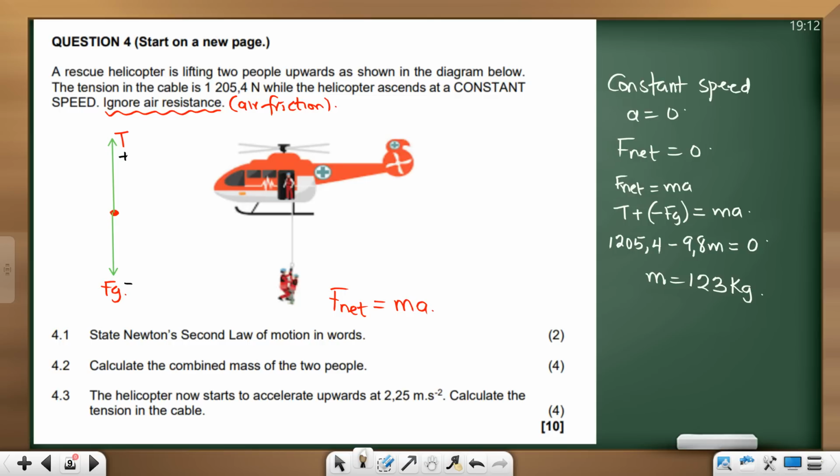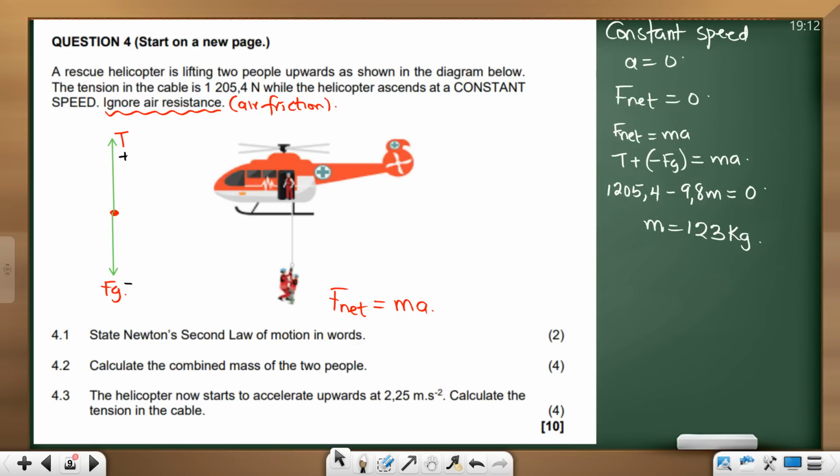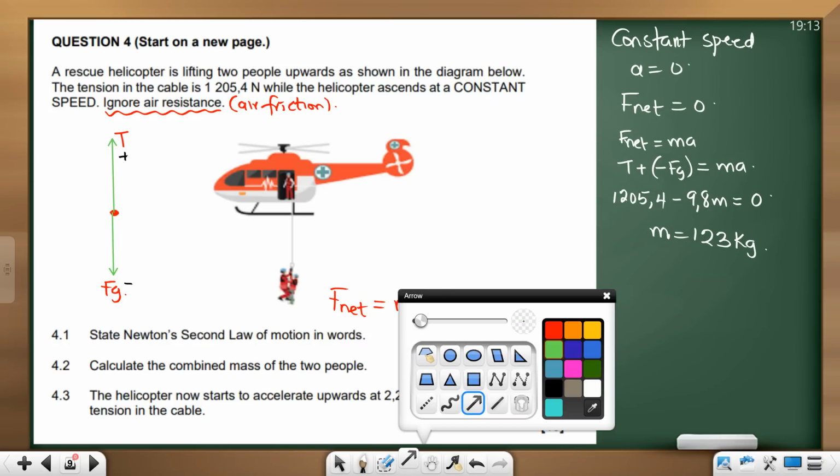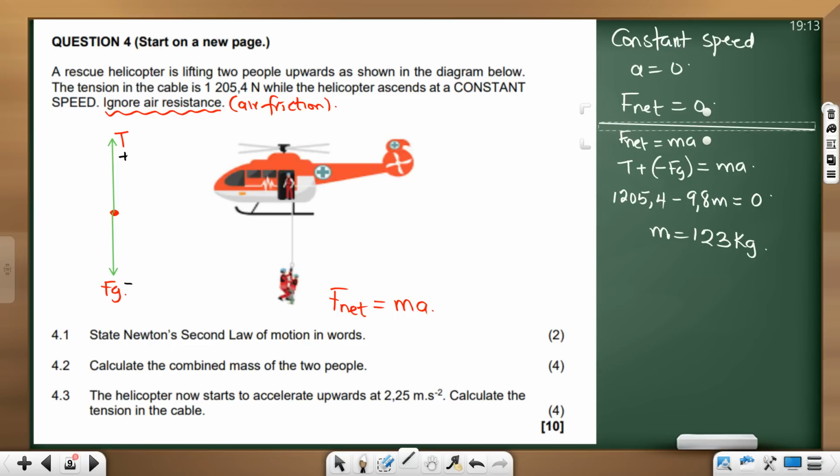Get me that, as what are we looking for? Tension. Get me that tension quickly. Let's get that tension. I know you can do it, so I'm not even going to say anything. I trust you like that.